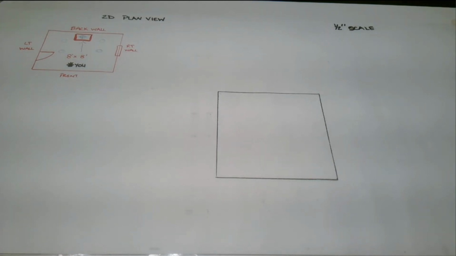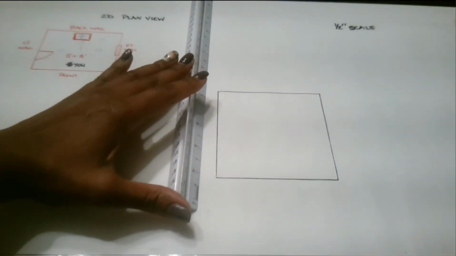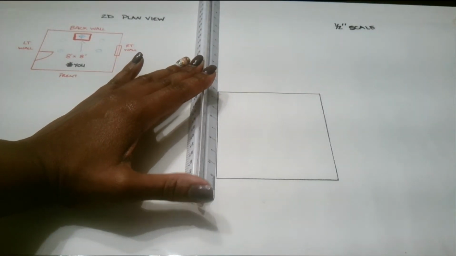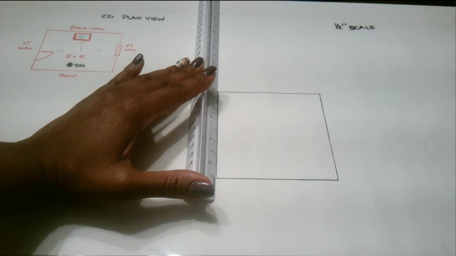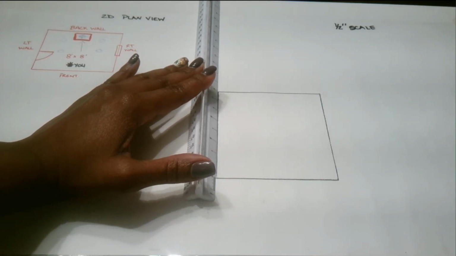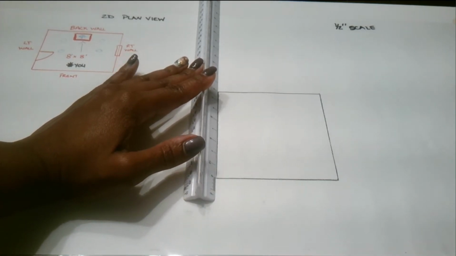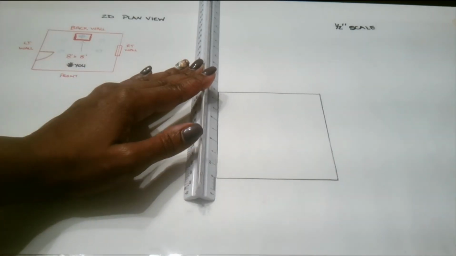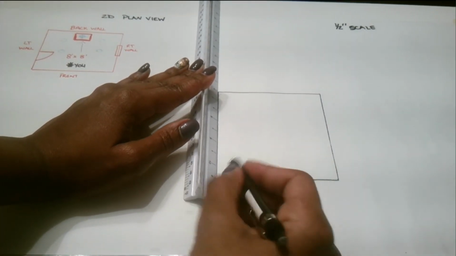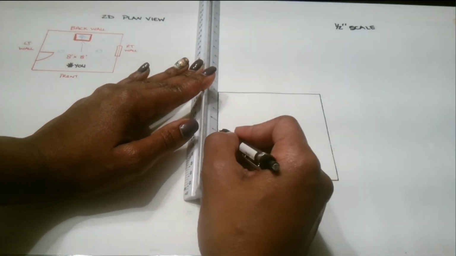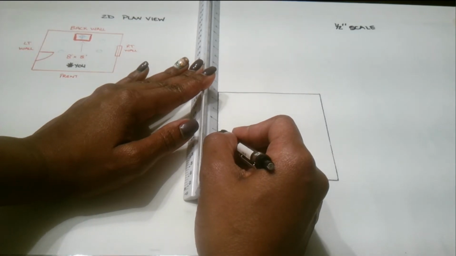The next thing we need to do is create the height of the viewer, that actual eye, the line. And this line is going to be called our horizon line. The horizon line will lie in the center or from the view in which you're looking. So I want to be looking dead center at my back wall. So I'm going to measure up to the center, aligned through the back of my wall.